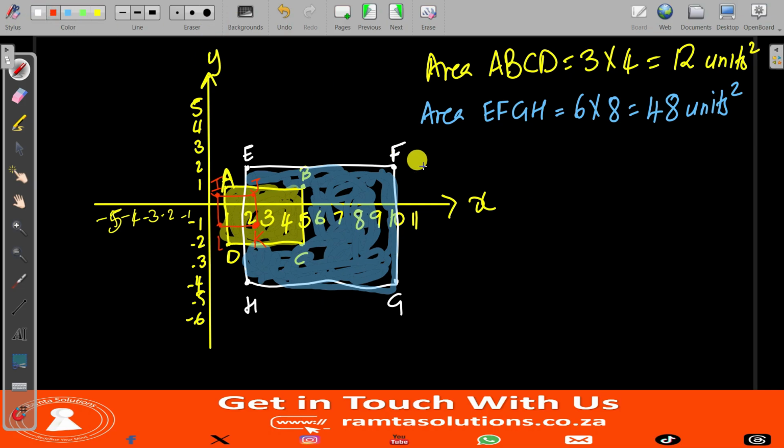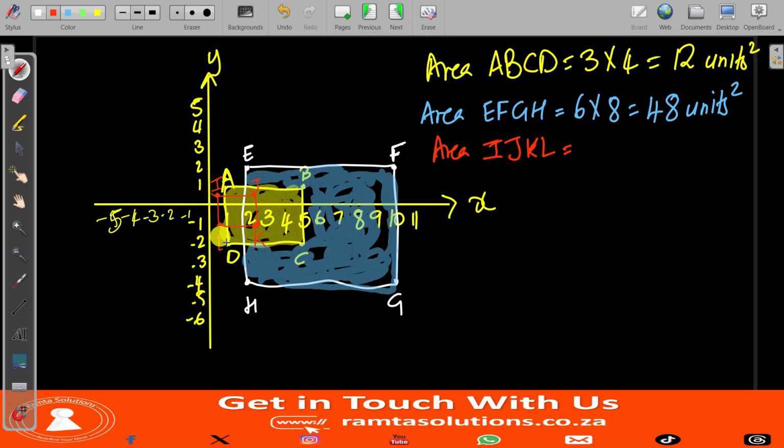Lastly, let's look at the area of I, J, K, L. What is it? Ooh, with this one, we have to be very careful. From I to L, I do recall the y value of L, not the x value.